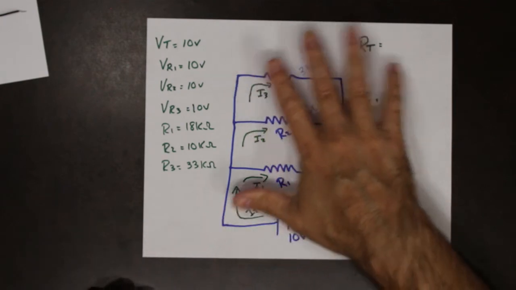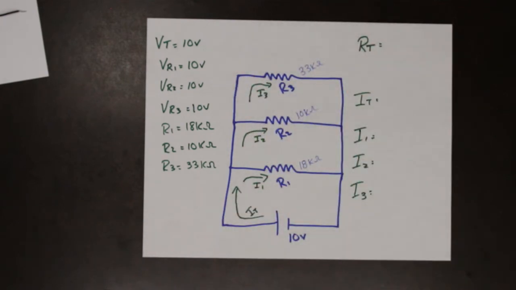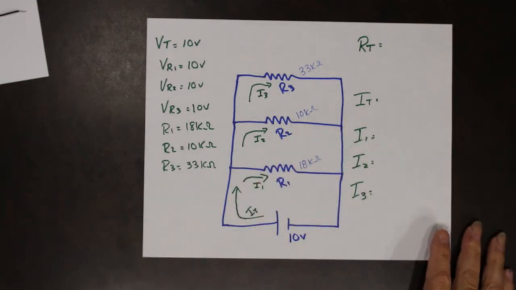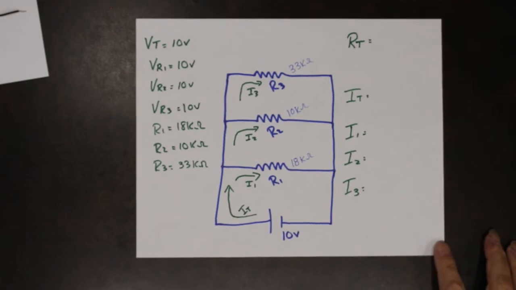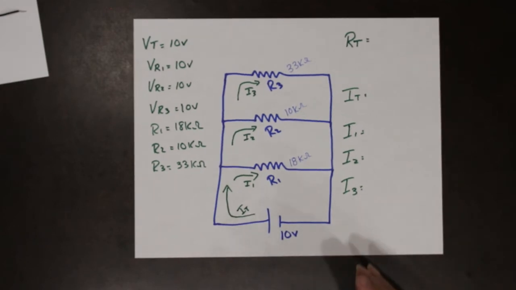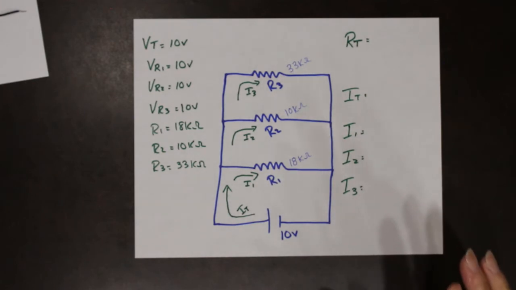There are many ways to solve this. The first way I am going to solve this is the way we solved the other one, working through Ohm's law and Kirchhoff's current law.